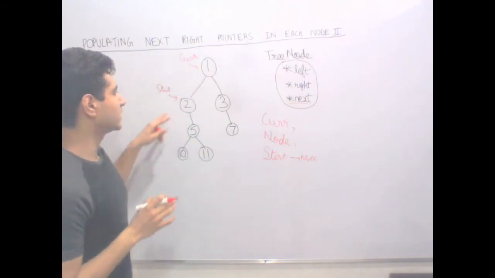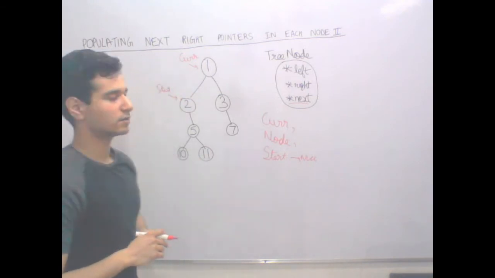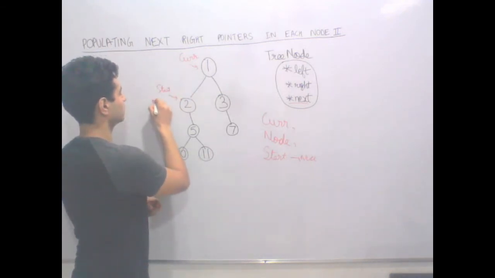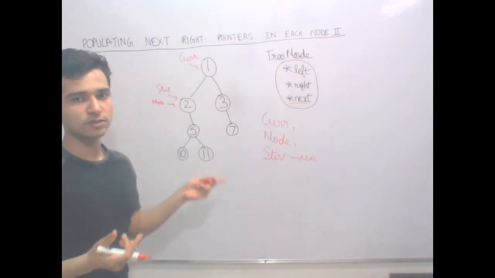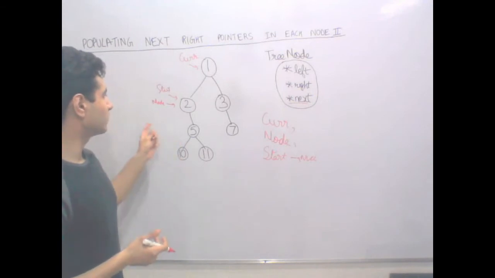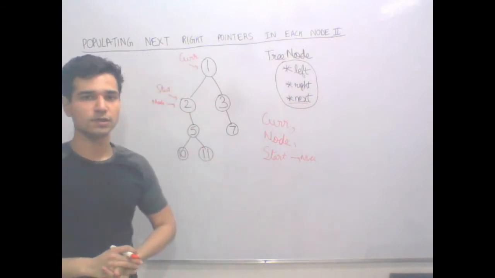This would be our next starting node when we move to this level, and we will assign node to this as well, because node also did not exist, and it was null before. So from here we will start assigning next pointers.